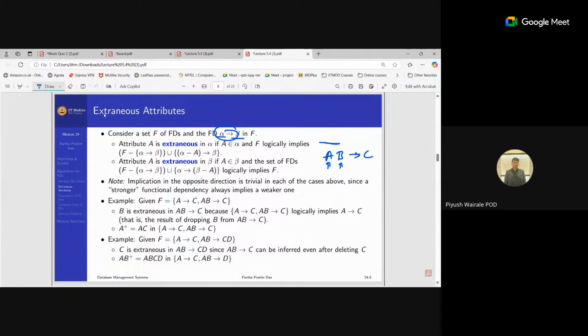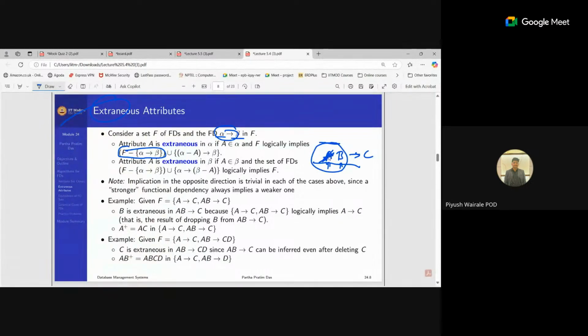Extraneous means, as the name suggests, extra, right? So without using that attribute also, the FD will get preserved. The FD will be safe. That is what we need to find out. But how can we check in the case of the left hand side? First remove that FD from F. Then remove that attribute. For example, I am checking whether A is extraneous or not.